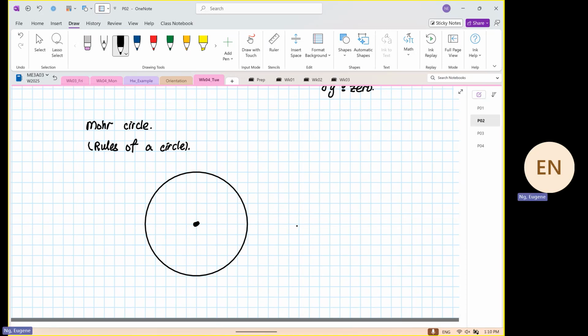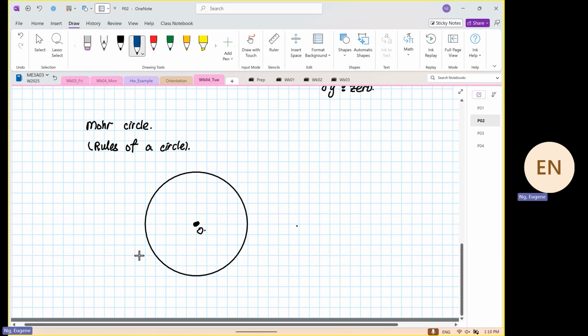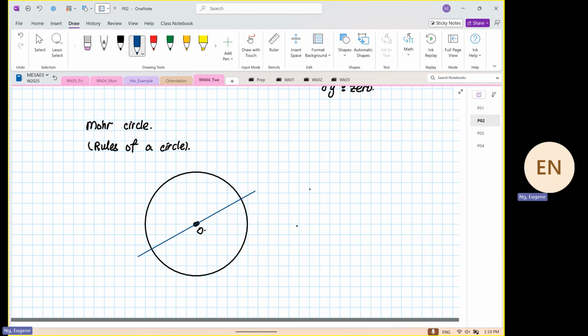The center of the circle, usually we label it as O. Then from here, I'm going to draw a straight line through the center of the circle, and you can draw any orientation that you want. I decide to draw in this orientation. If you want to do any other orientation, feel free to do so. Once you get over here, we are going to label one end A, and the other end B.